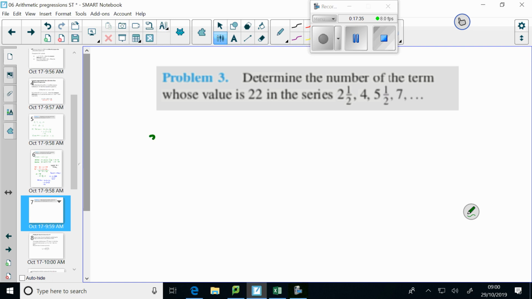We know that a is equal to 2.5 and d is equal to 1.5 in this case.